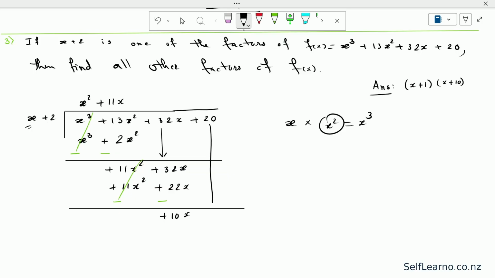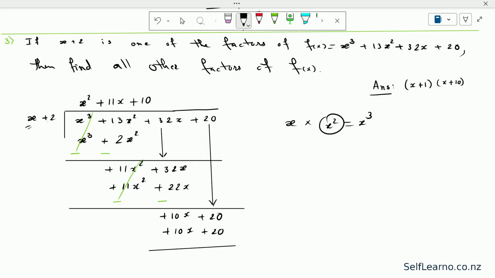This plus 20 should come here. I have x and I want to obtain 10x. So here for multiplication, I will use plus 10. X times plus 10 is plus 10x. And 2 times 10 is 20, right? Change the sign.